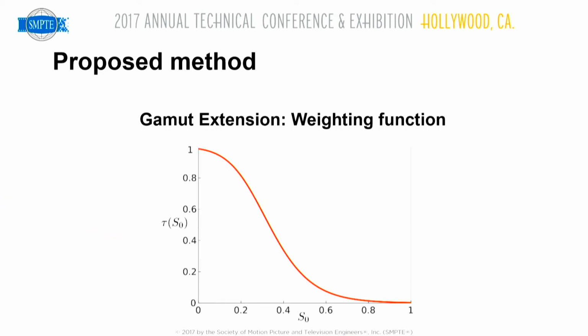So another modification of the basic method is for gamut extension. We introduced a weighting function for gamut extension because we want to preserve key colors which have low saturation: skin tones, neutral colors, or some memory colors. We want the saturation to be not modified.